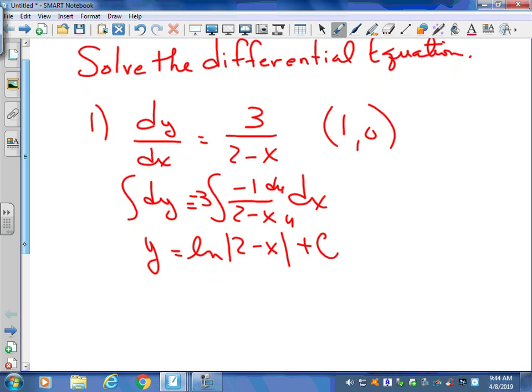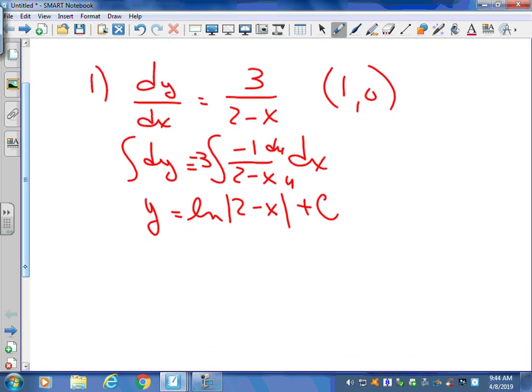Now, what makes this different from Friday is I have that point. And so I'm supposed to plug that point in here to calculate our C. And so 0 is y, and ln of 2 minus 1 would be the x part. Well, 2 minus 1 is ln of 1, right? What's ln of 1? Oh, 0? That's right.